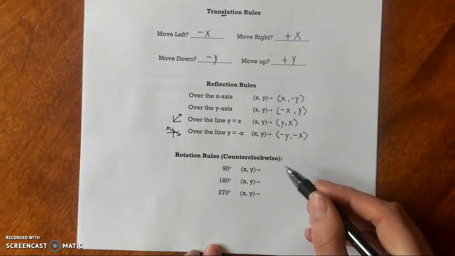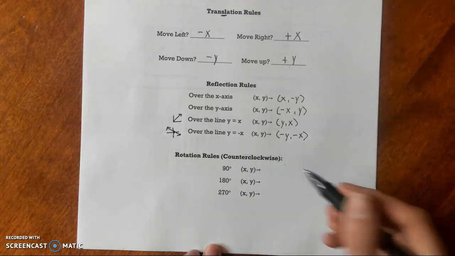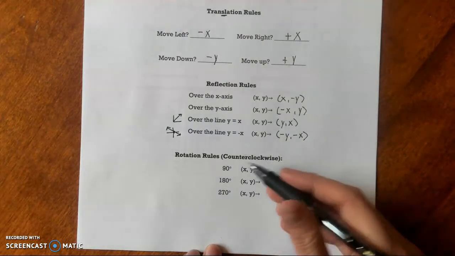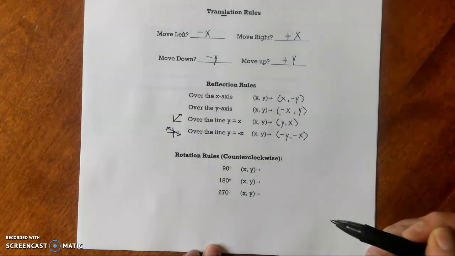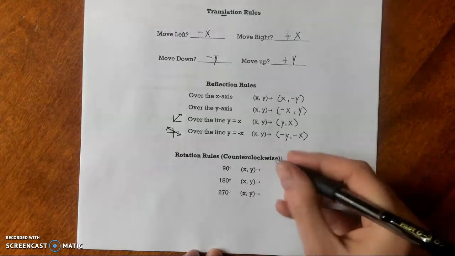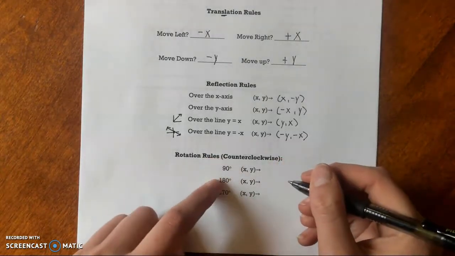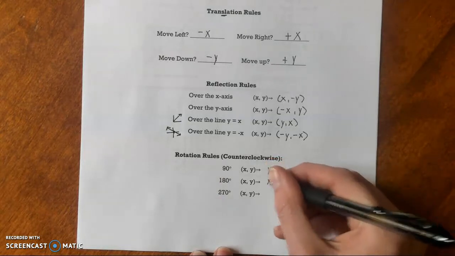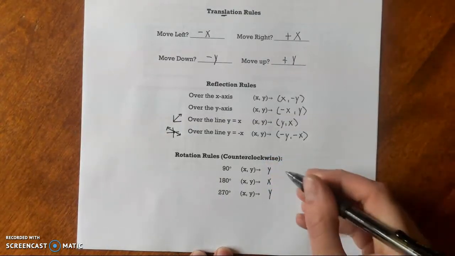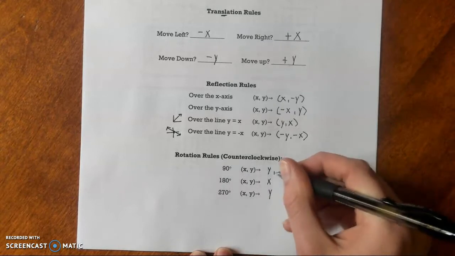Okay. Our rotation rules, and this is counterclockwise. The default is always counterclockwise. The ones that we deal with are 90, 180, and 270. The way that I remember this, just write 90, 180, 270 down, and then go y, x, y. And then if you have a y right there, you're going to have an x.